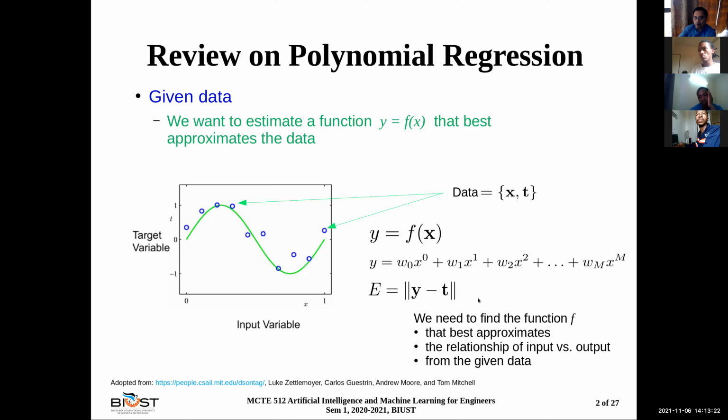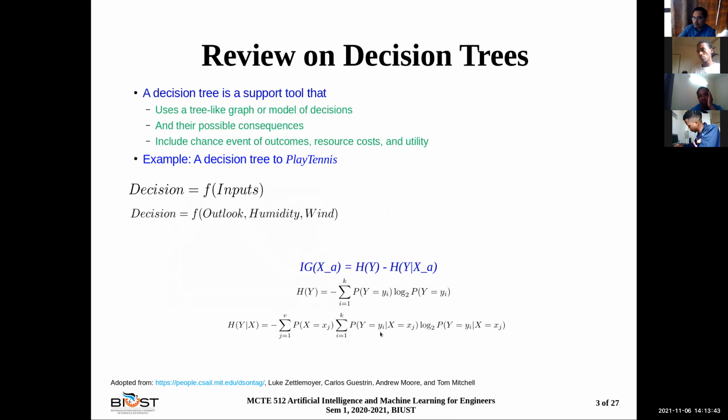Our measure of how accurate our estimate is, is based on the error term. And for that error term, in this class we use the gradient descent method to look for the optimal values of the weights based on the gradient of the error. Okay, that one is well understood.